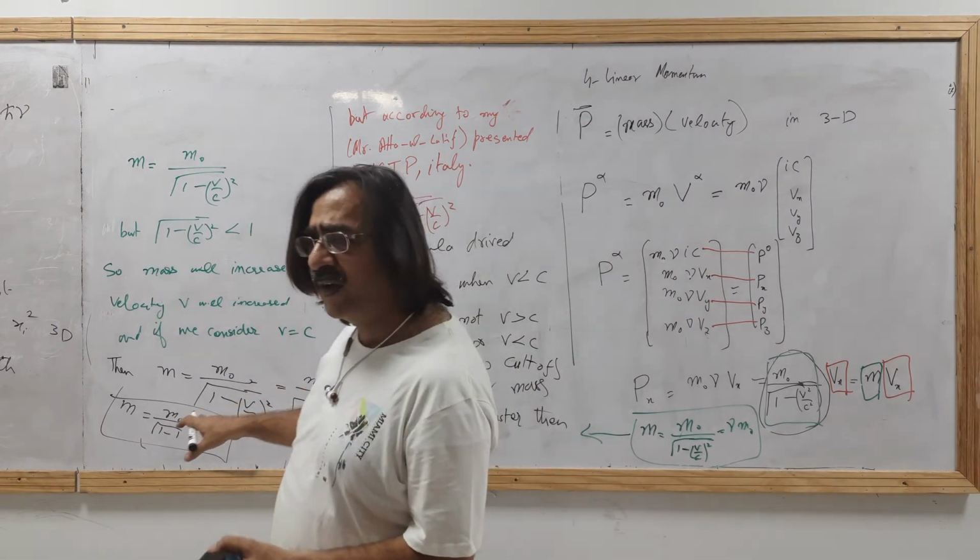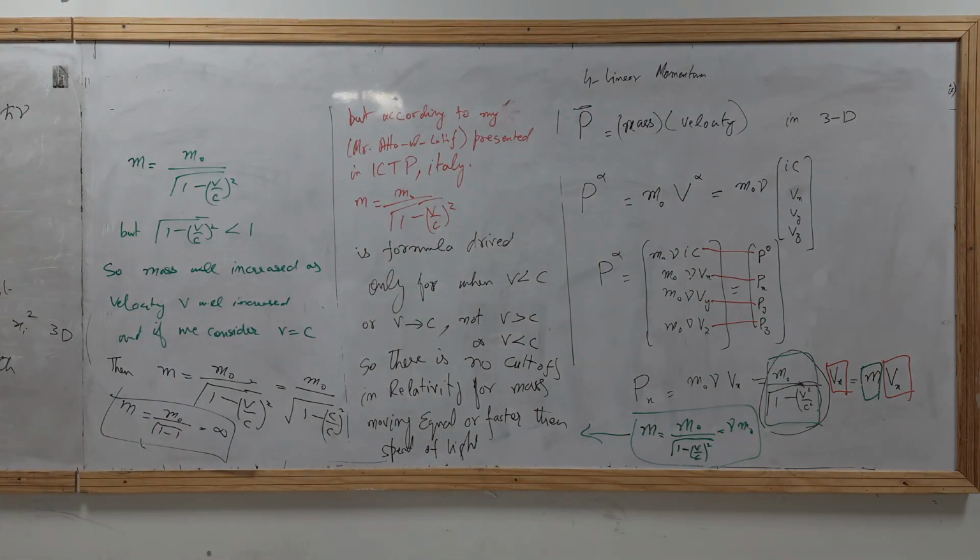Due to this, because the mass was becoming infinite, people always claim that nothing can touch the speed of light.